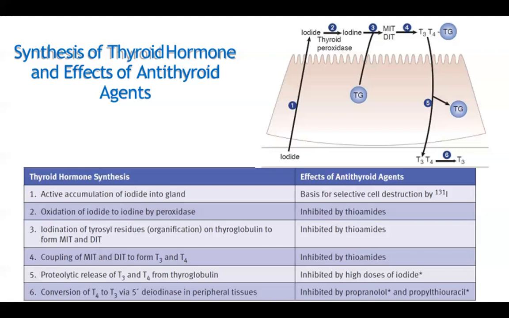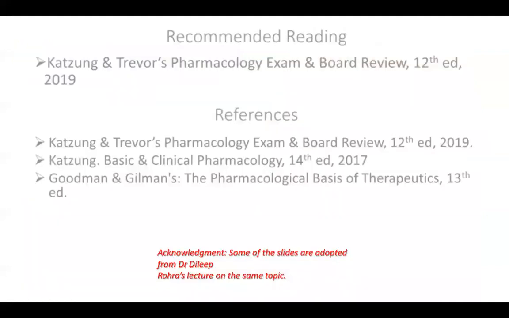It just inhibits it, so it keeps it in the large protein with thyroglobulin. Conversion of T4 to T3 is inhibited by propranolol and propylthiouracil. And this is a very good summary for you when you go back to study.